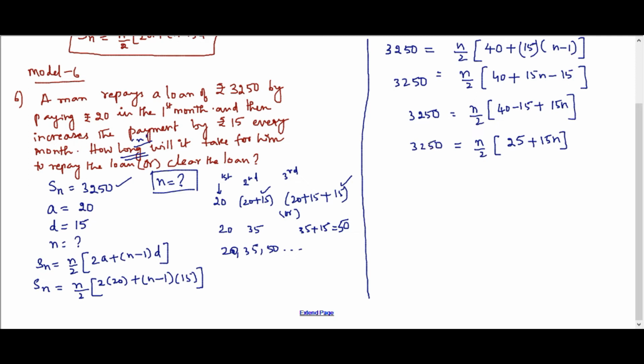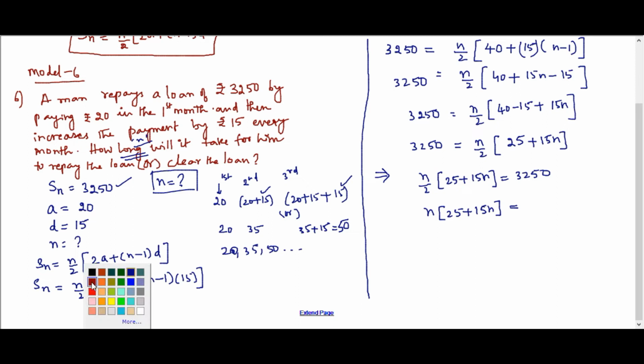Now I'll just rewrite this in another way. n by 2 times 25 plus 15n equals 3250. Why? For my easy understanding, or a convenient way to solve. Isn't it like I can bring this number 2 and multiply it with 3250?